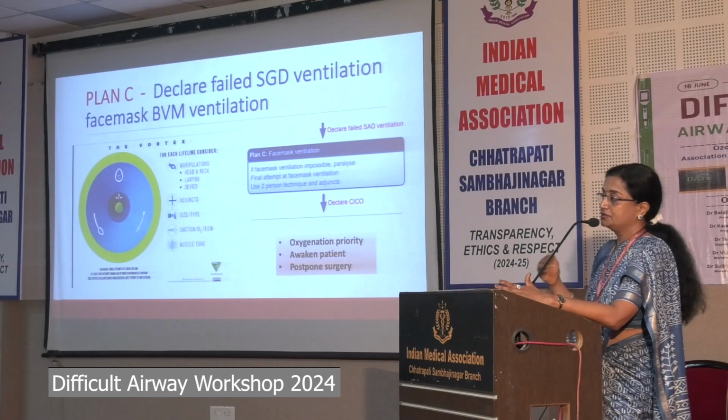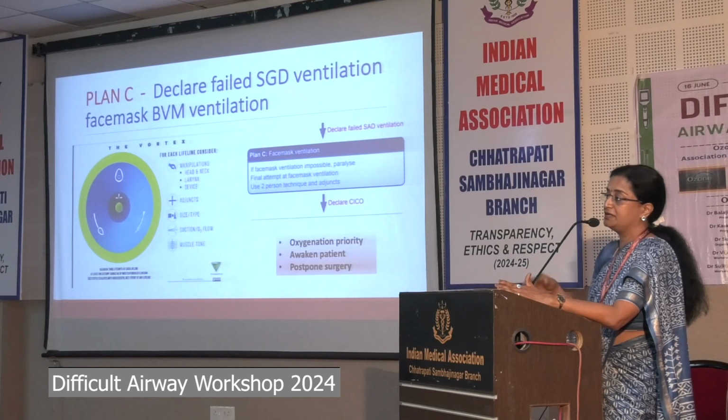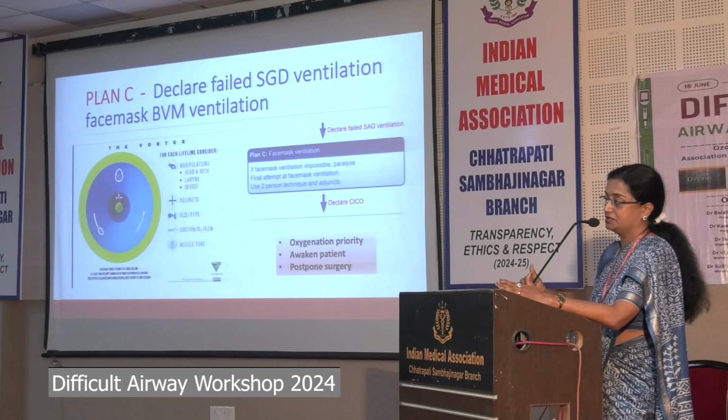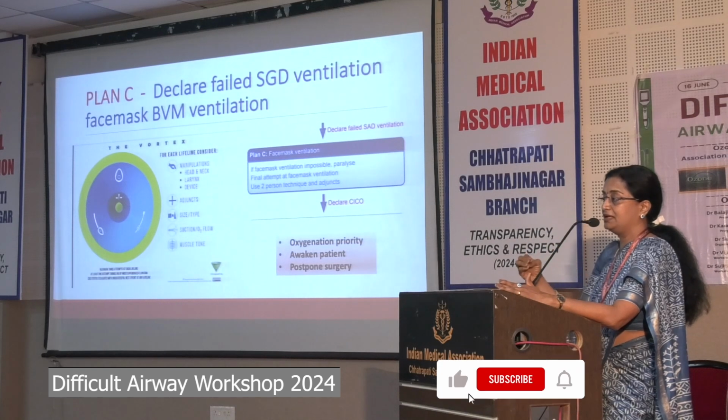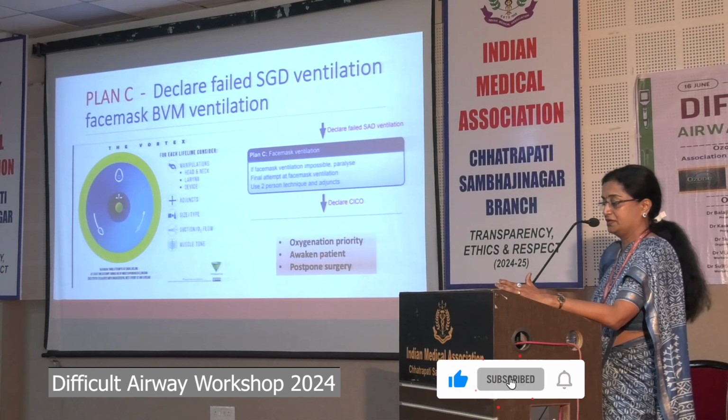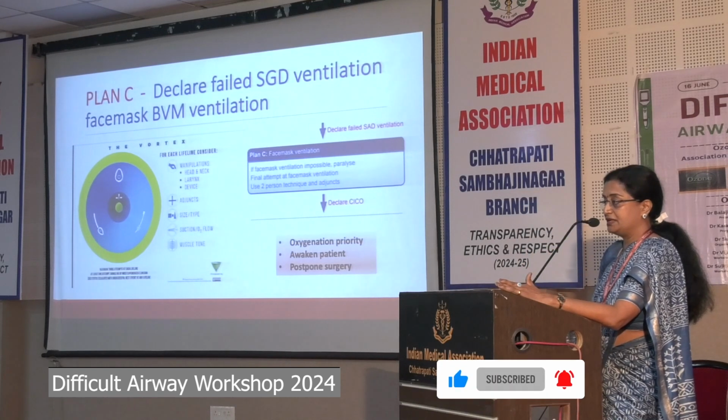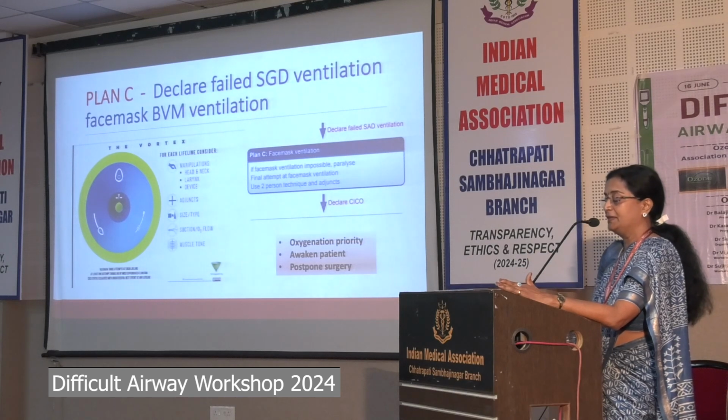Okay, so you do not wait for the saturation to fall. You keep a very low threshold for FONA. So right from the beginning, plan A, you should start thinking about FONA. Okay, keep oxygenating, maintain the oxygenation, call for help, and the next plan should be ready.